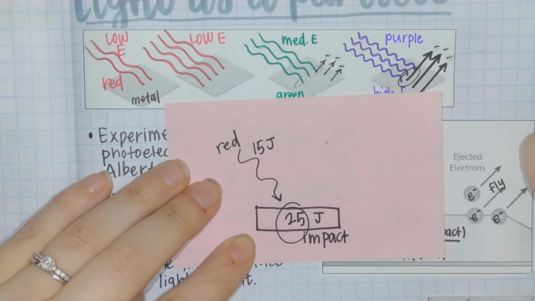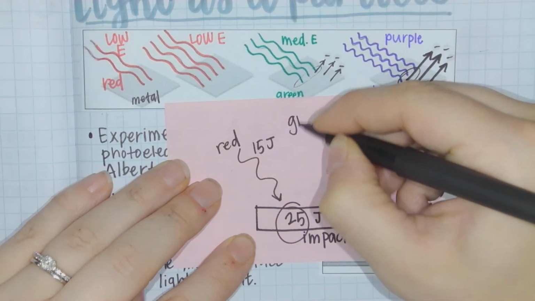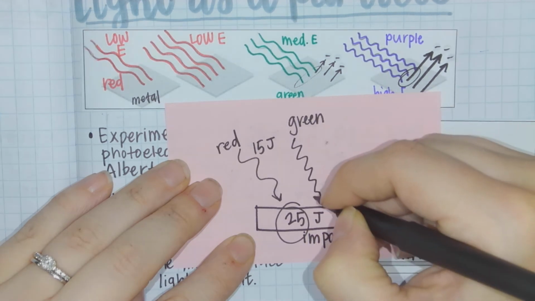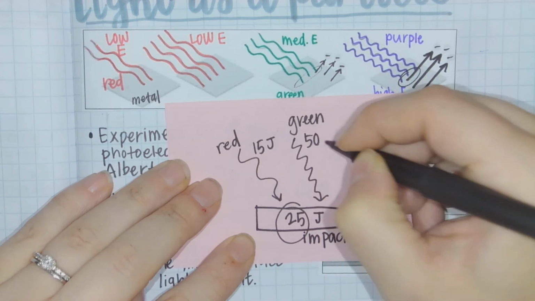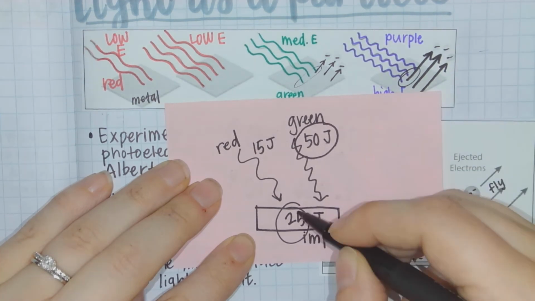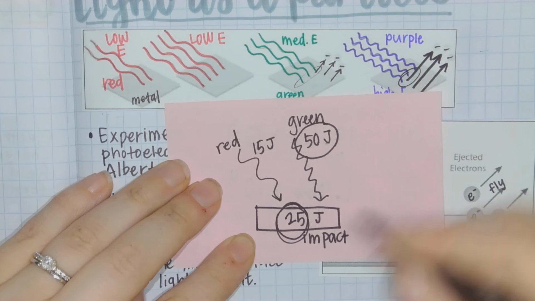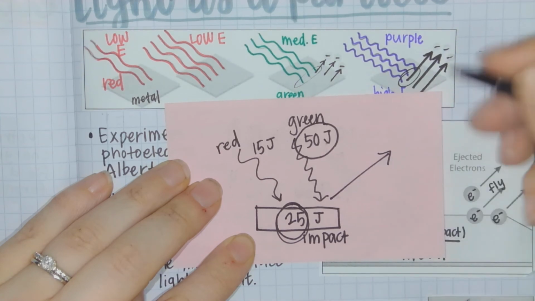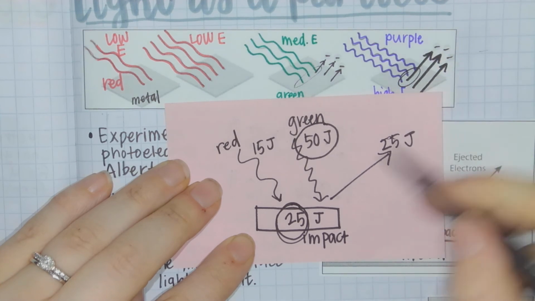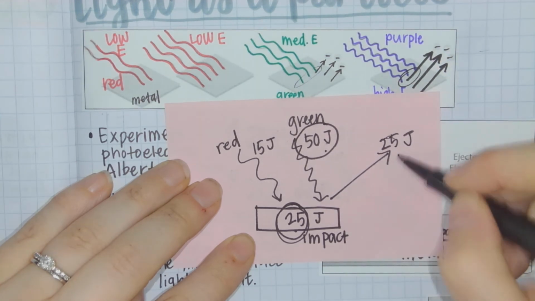Nothing's going to happen. Green is coming with a little bit more. Maybe green has 50. Green coming in with 50, the impact uses 25. The electrons will be leaving with 25 because 50 minus 25 is 25.